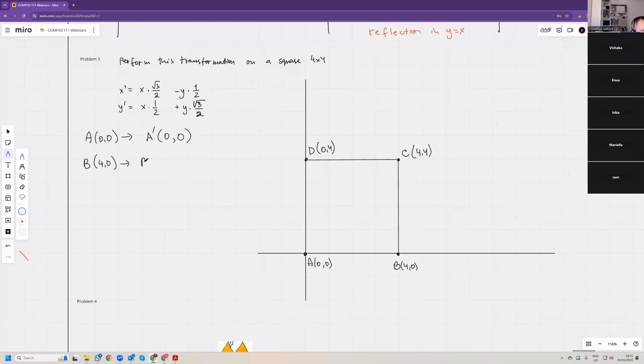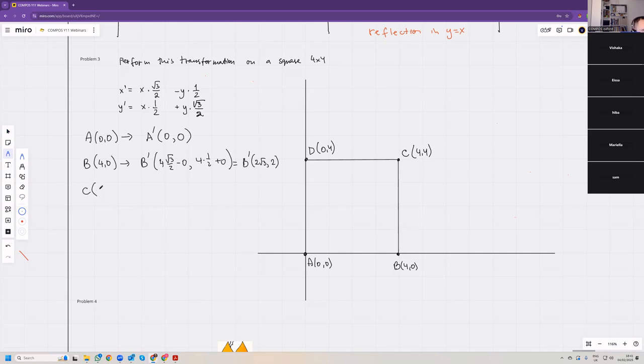So B dash becomes x times, so that's 4 multiplied by square root of 3 over 2 minus 0, comma, and then 4 times a half plus 0. So B dash is 2 root 3, comma 2.